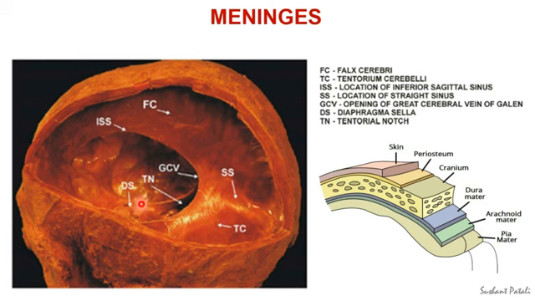All this has already been discussed in the previous class. A thorough knowledge is very important for understanding this class on the dural venous sinuses, since the dural venous sinuses are enclosed between the folds of the dura mater.